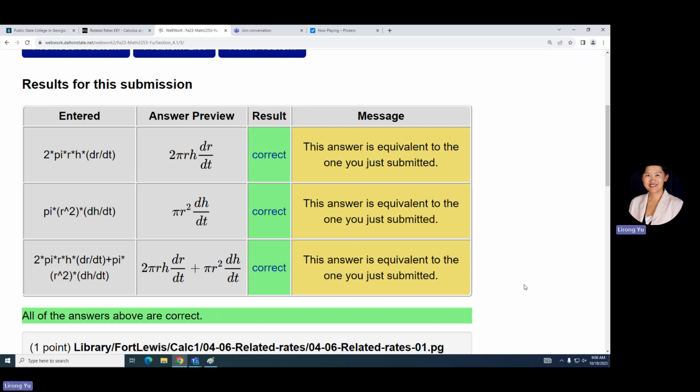Part A, part B, and then the last part. You can think of the reason. The last one is actually a general form because we don't know which of them are constant. If they are constant, they would have zero derivative. For example, if h is constant, then dh/dt equals 0, so this term is gone and you have this one in this case. The second case is when the radius is constant.